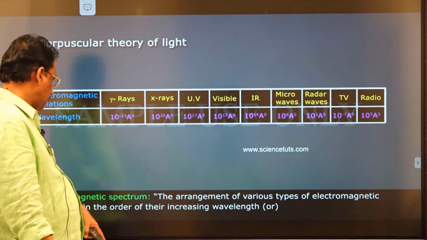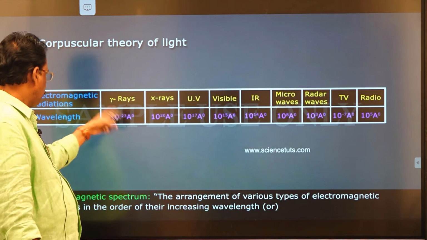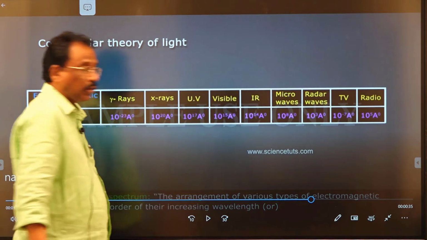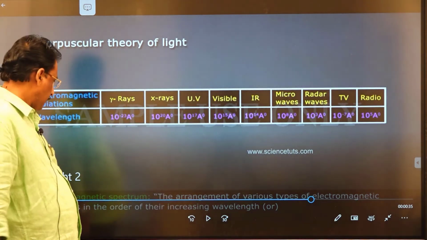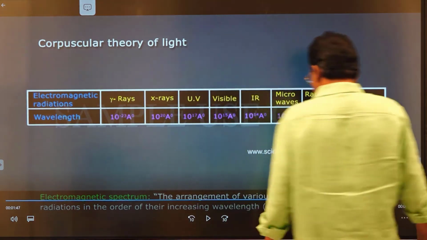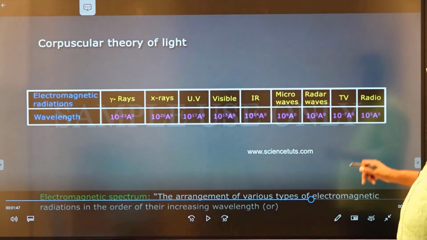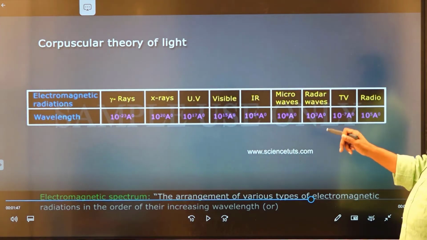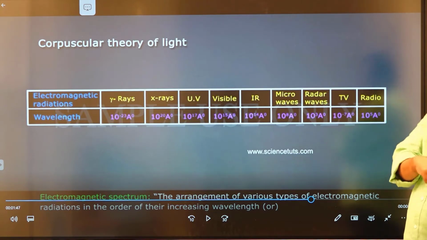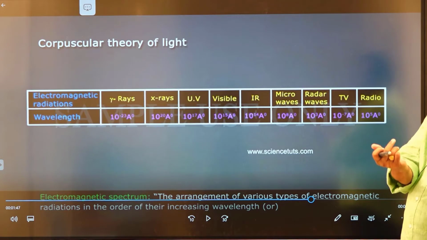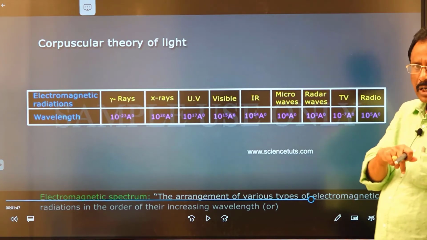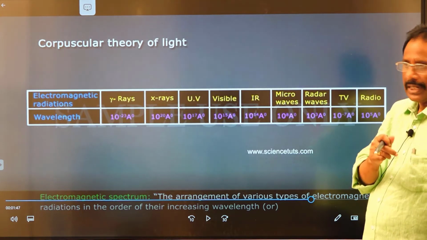So this is another way of expressing the electromagnetic spectrum. The electromagnetic spectrum is defined as the arrangement of various types of electromagnetic radiations in the increasing order or decreasing order of their wavelengths or frequencies or wave numbers or energies.